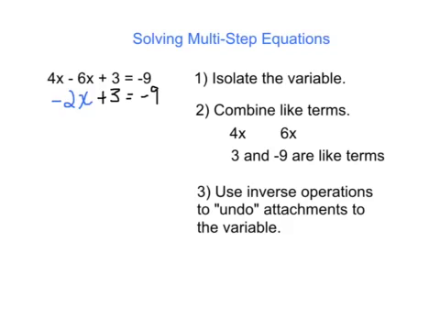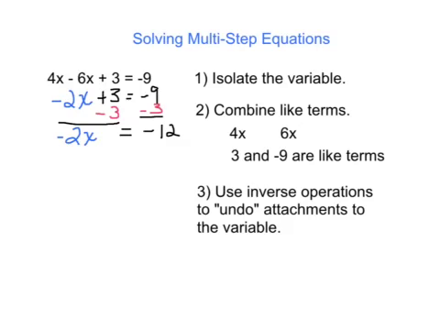So to undo adding 3, I will subtract 3 from both sides of the equation. Subtracting 3 is the same as adding a negative 3. That leaves me with a negative 2x. 3 plus a negative 3 is 0, so I don't need to write that down, is equal to a negative 9 plus a negative 3, which is a negative 12.